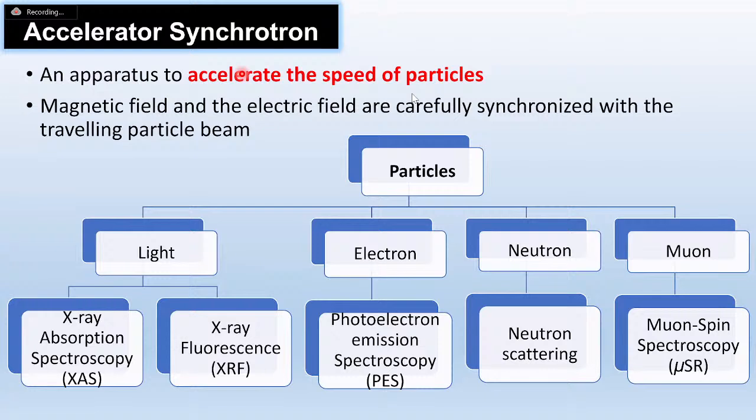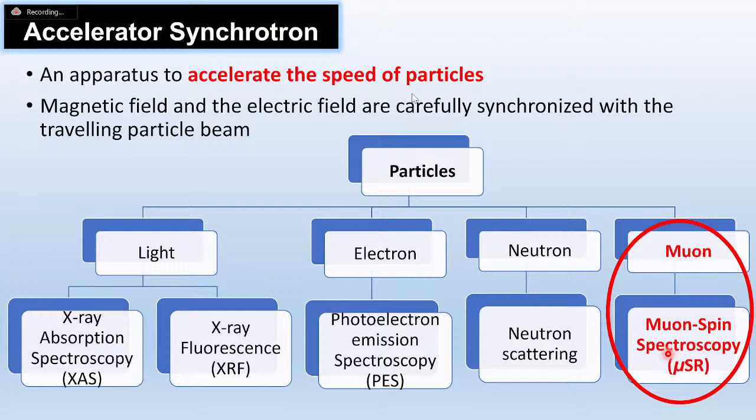So this is just an overview. An accelerator synchrotron basically is an apparatus to accelerate particles. The previous speakers used neutron, light, and electron to be accelerated, and in our case, we use muon as the particle to be accelerated. The application is muon spin spectroscopy, or mu-SR. So I will focus on mu-SR.